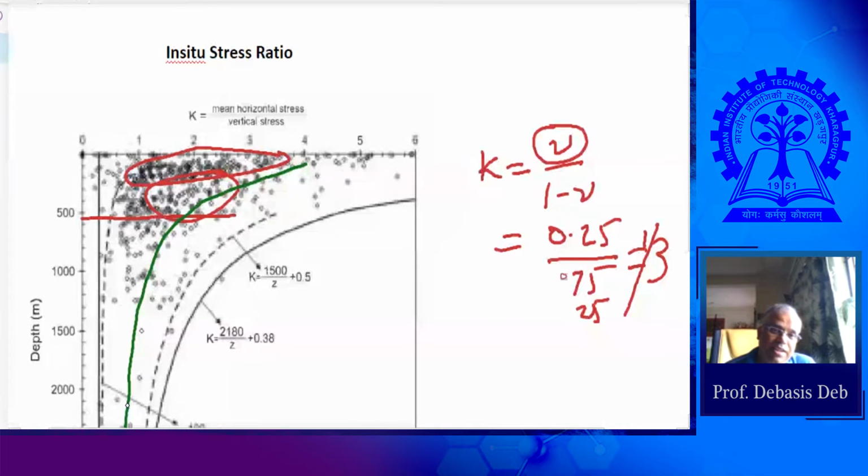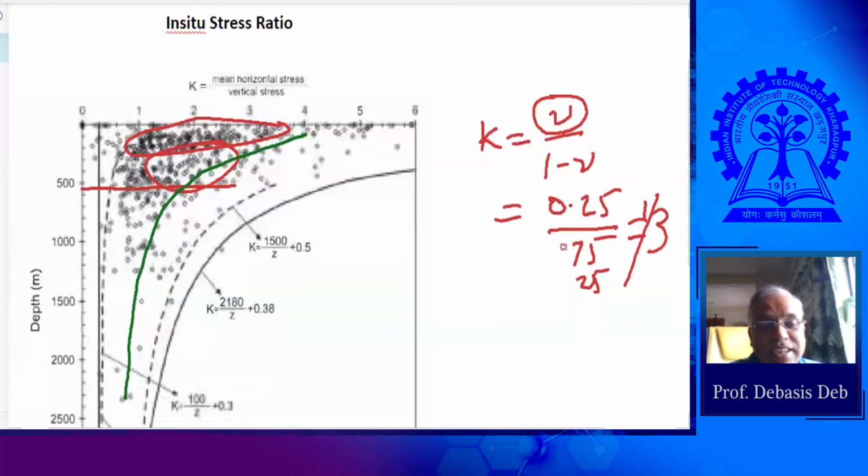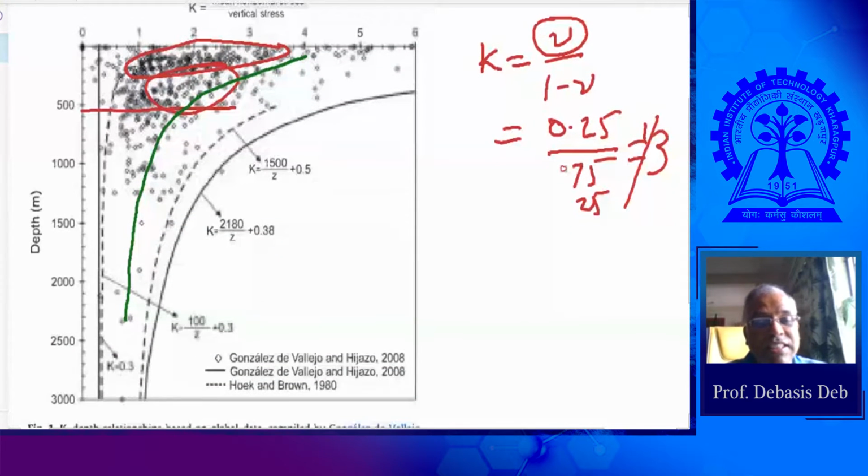Now, do any of you know why it has happened? Because this formula doesn't support it. This says it should be 1/3. And if you see why it is 1/3, if I go further down, you see the K value is 0.3 when you are 2.5 kilometer below.